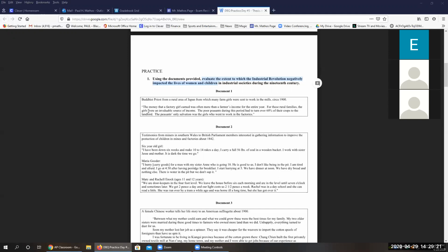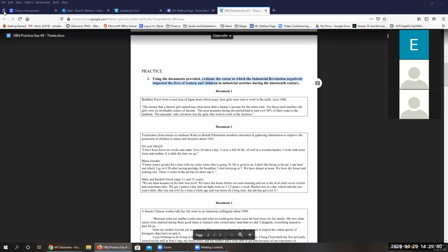Although you don't have a counterclaim, I still think that this would work. The only thing that having that counterclaim worked in there, Mateus, would do is that I think it would help to bring in documents 1 and 5, which kind of highlight some of the positives of the Industrial Revolution.